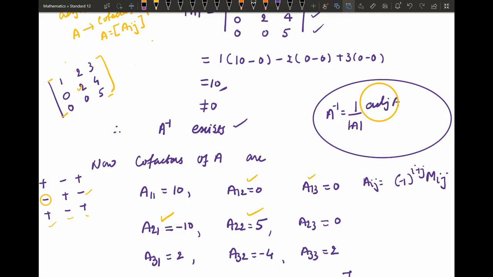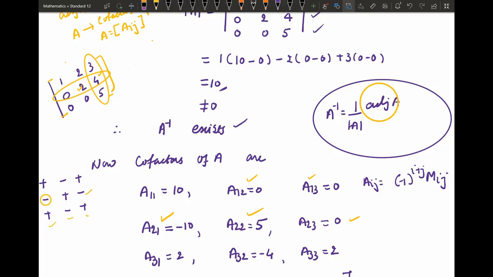Similarly, A23 is the cofactor of 4. So again you leave the row and column in which that entry lies. Remaining entries will form a 2 by 2 determinant 1 2 0 0. So value is 0.